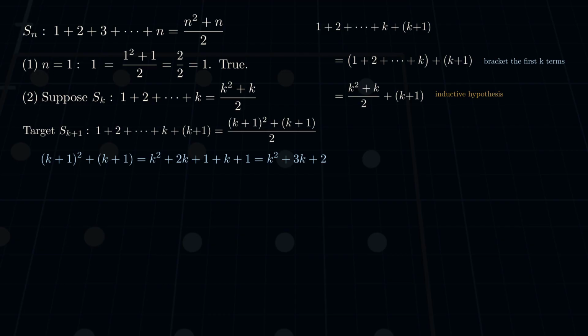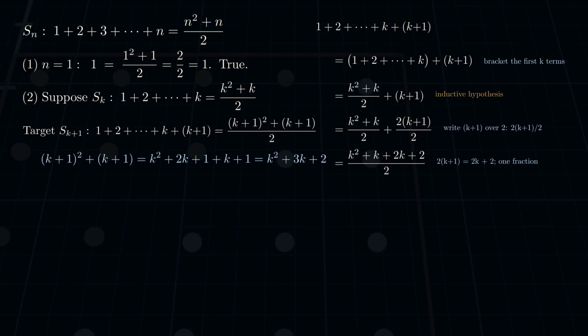Now, we want a single fraction, and we have a fraction plus a whole expression. To add them, the whole expression must be written over 2 as well. k plus 1 is 2 times (k plus 1) over 2. And 2 times (k plus 1) is 2k plus 2.